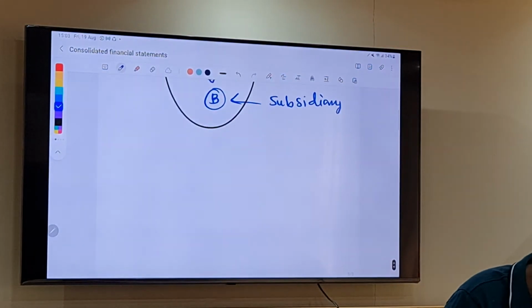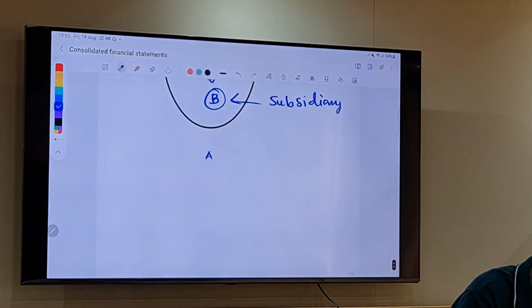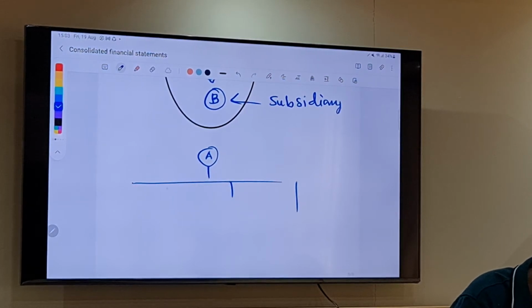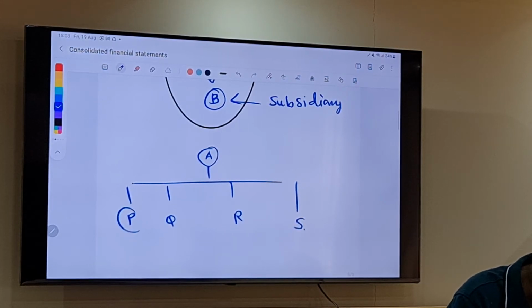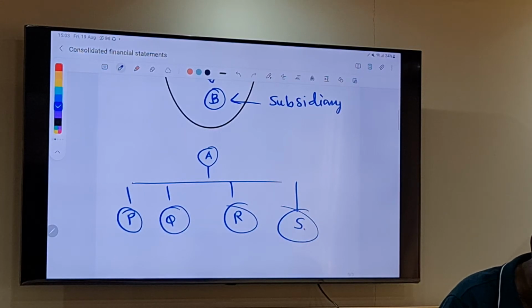This parent company A can have several companies, P, Q, R, S, as their subsidiaries.